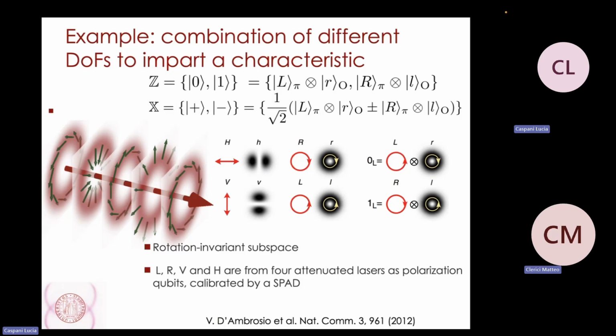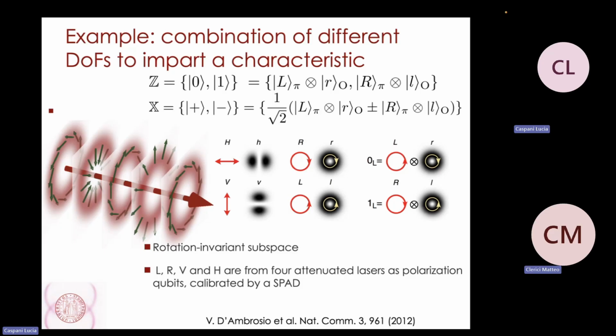But indeed, we have done it to obtain different purposes. For instance, in this case, we considered two degrees of freedom, polarization and orbital angular momentum, in an experiment together with our friends and colleagues in Rome and Naples to obtain properties of the state, which is the insensitivity to the orientation of one transmitter with respect to the other.